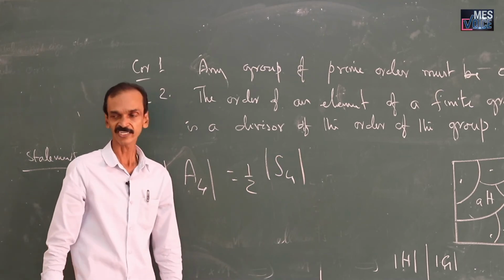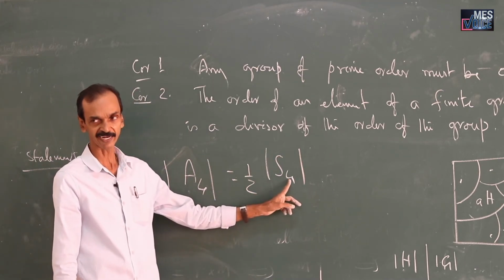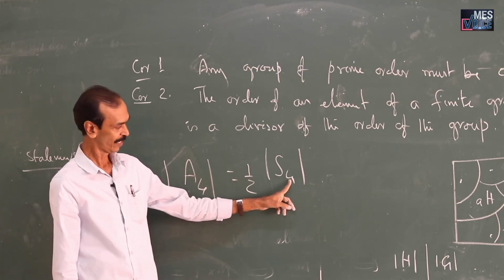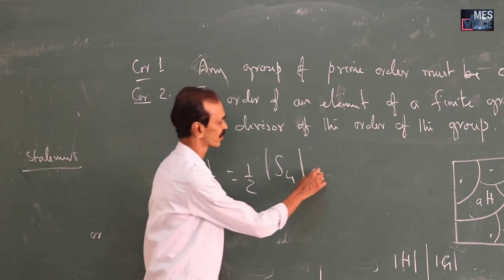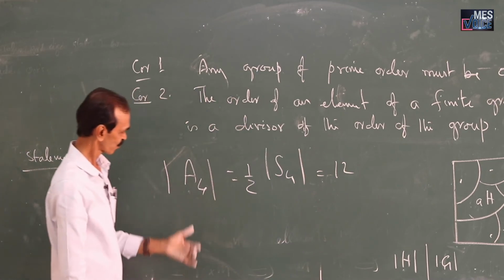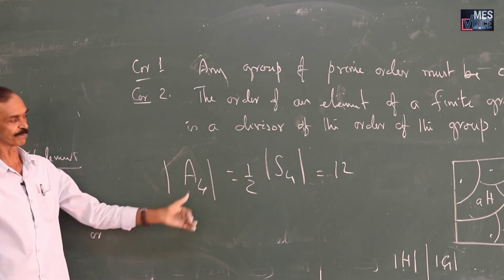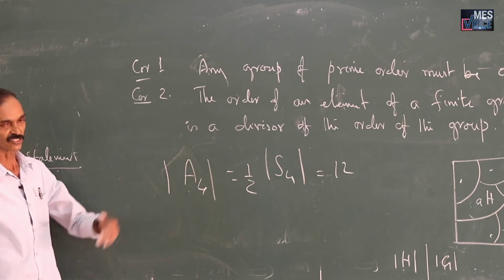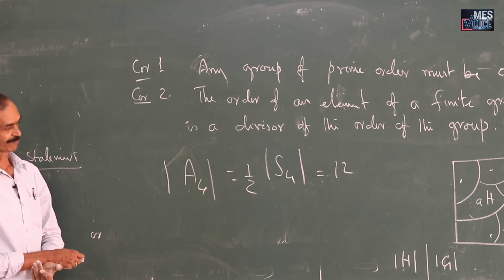What is S4? S4 is the symmetric group on 4 symbols. It has a cardinality of 4 factorial, which is 24, and so the value is 12. So, A4, the alternating group, the group of all even permutations on 4 symbols, contains 12 permutations, and suppose G is this group.